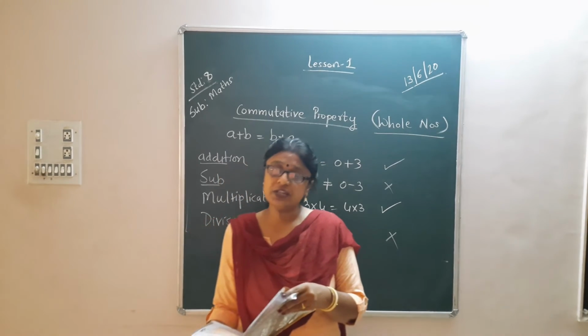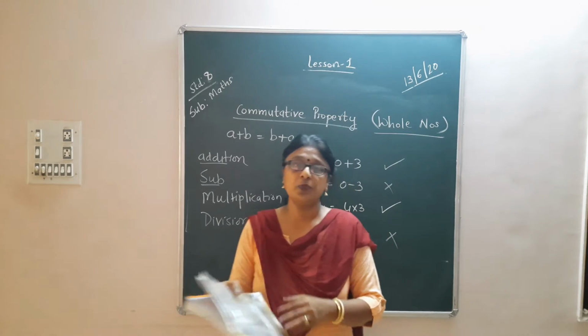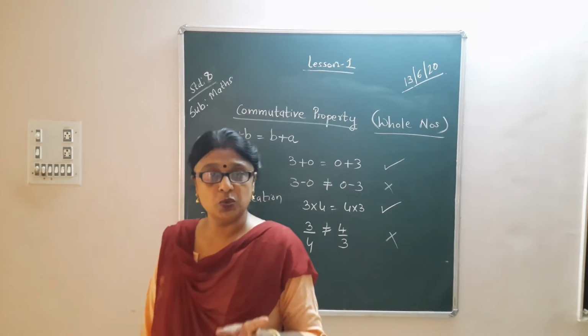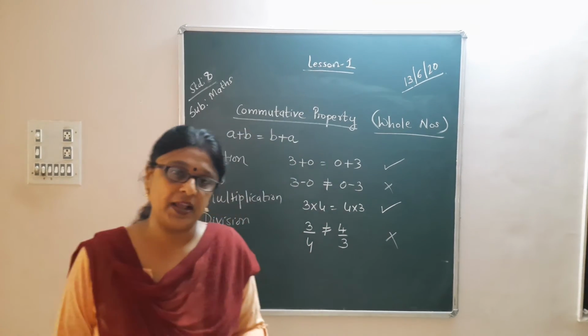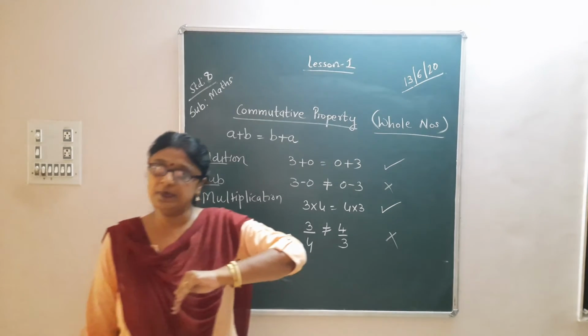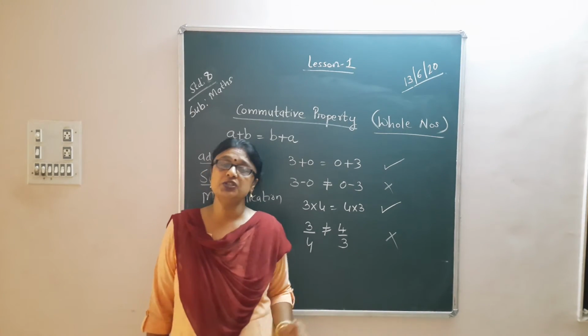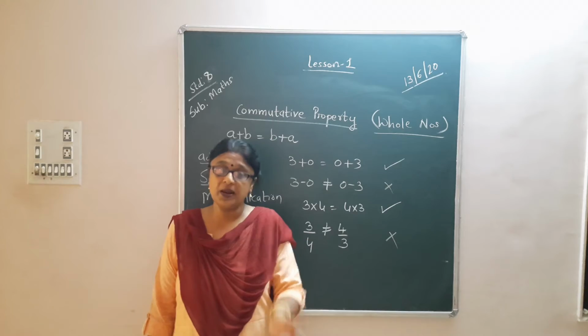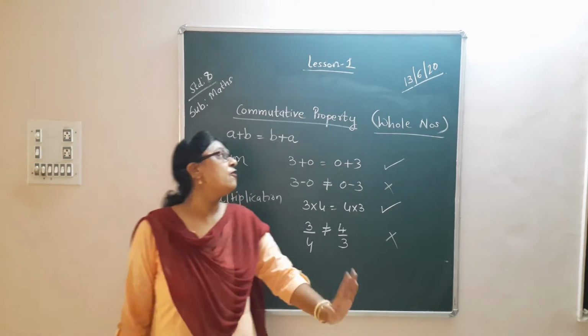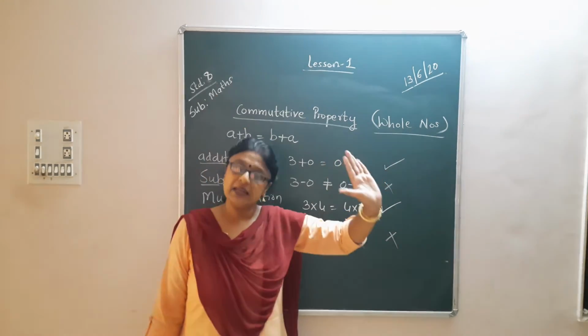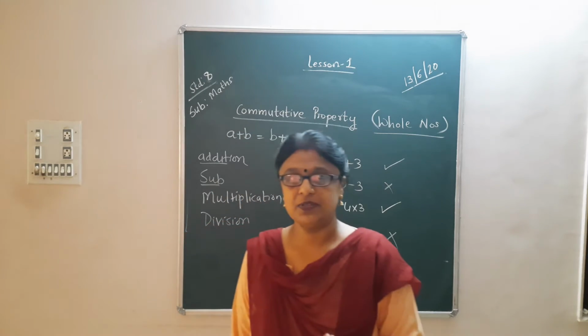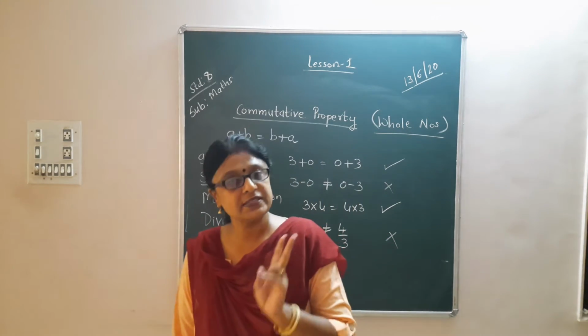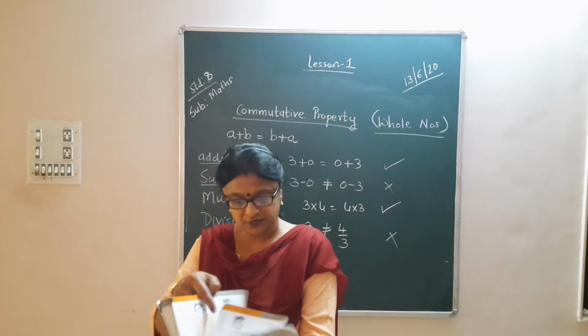So commutative property is true for addition and multiplication, but it is not true for subtraction and division for whole numbers, integers, rational numbers. Understood? So this was the second property, commutative.